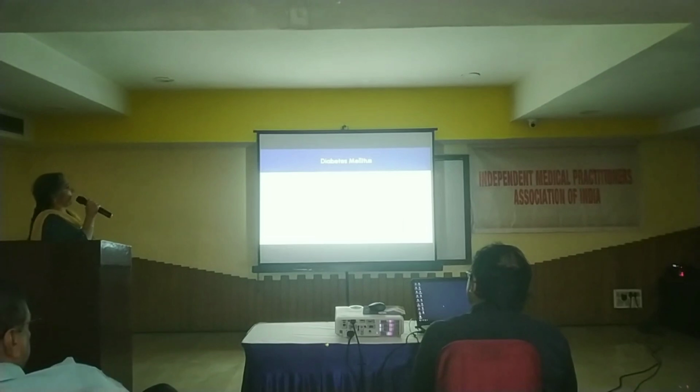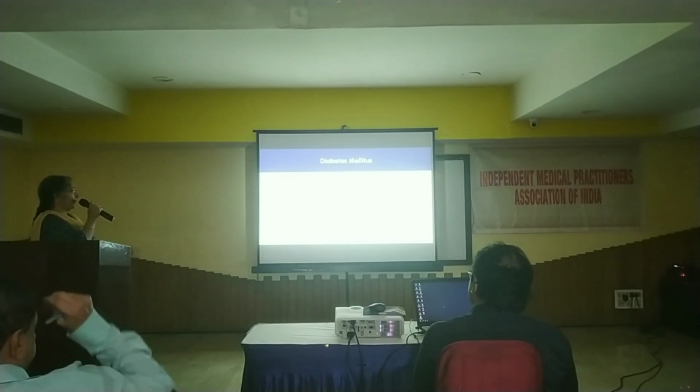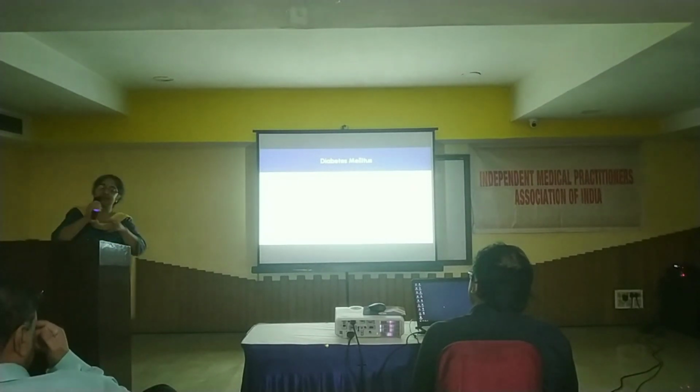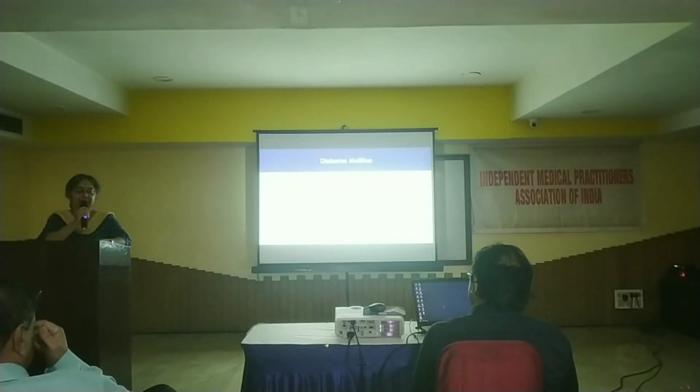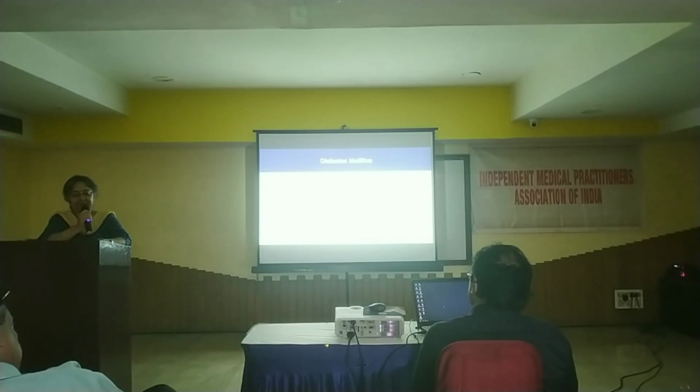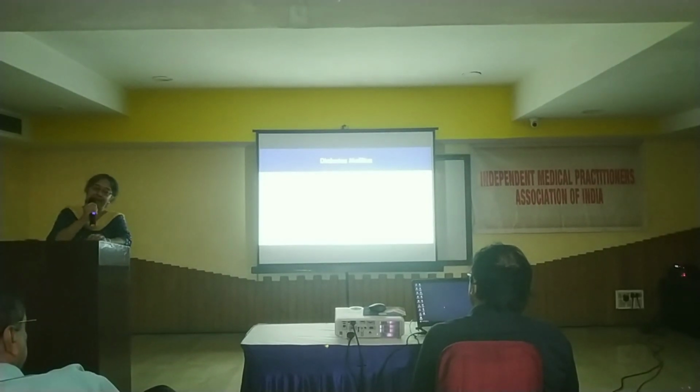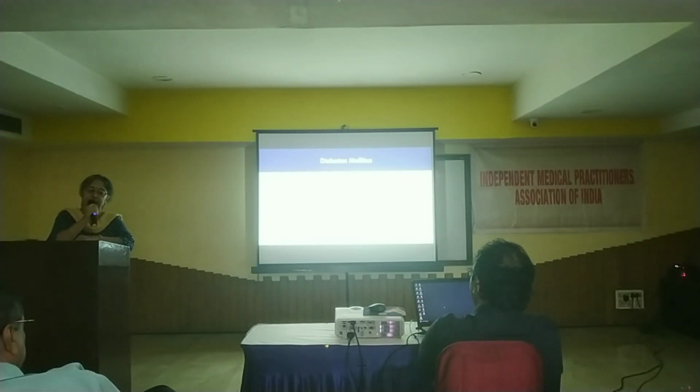Besides monitoring the fasting and the PP blood glucose, we do the HbA1c that monitors control over 8 to 12 weeks, which is about the half-life of the RBC. The normal value is below 5.6%, between 5.7 and 6.4 is pre-diabetic, and over 6.5% falls in the diabetic range. Ideally we maintain the HbA1c less than 7.5%, because values over 7.5% increase the risk of chronic complications.